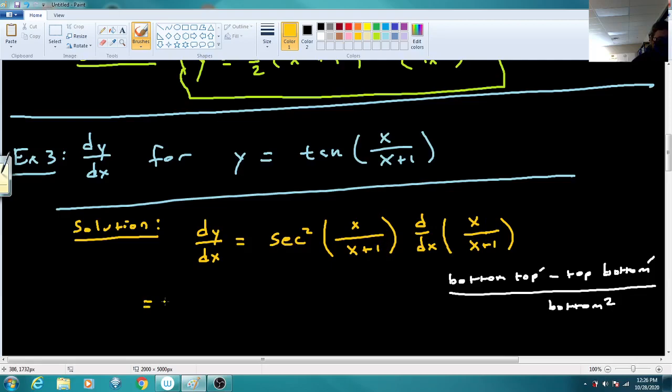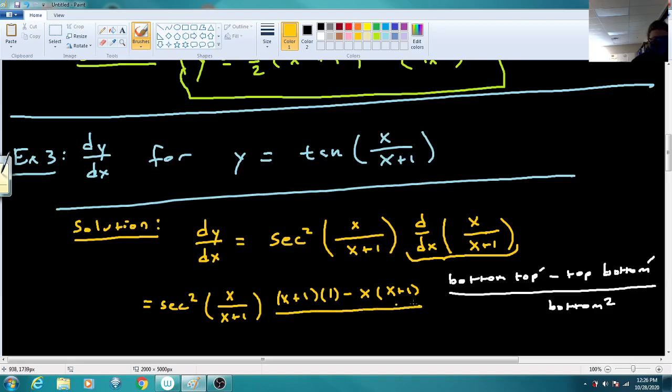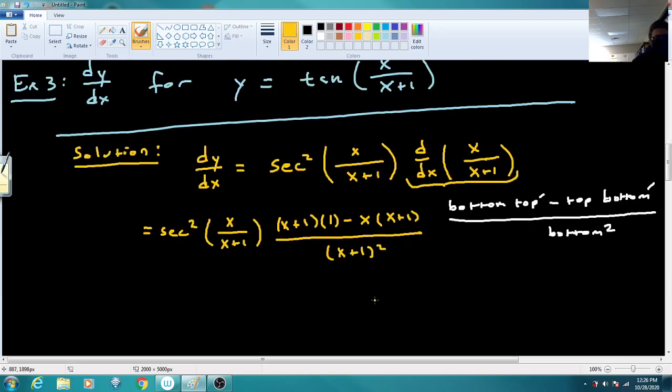So dy dx equals secant squared of the inner part left alone. And now to take the derivative of the inner part, that's the inner derivative, we're going to use this formula here. So it's bottom left alone, derivative of top, minus top left alone, times derivative of the bottom, all that over the bottom squared.